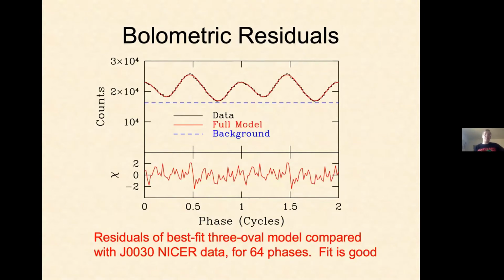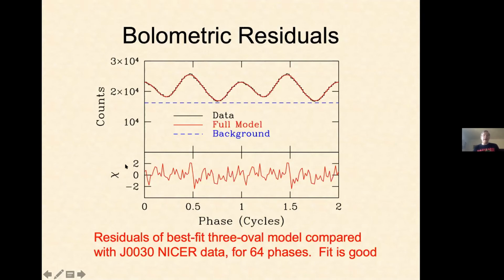Here we have an example of bolometric residuals. We integrate over all of the energy channels and look at the phase and cycles, here with 64 phases. And now we see, here we have the black in histogram form is the data. The red is the full model, including the spots and the background, which is represented here. You see it's a substantial component of the overall counts.